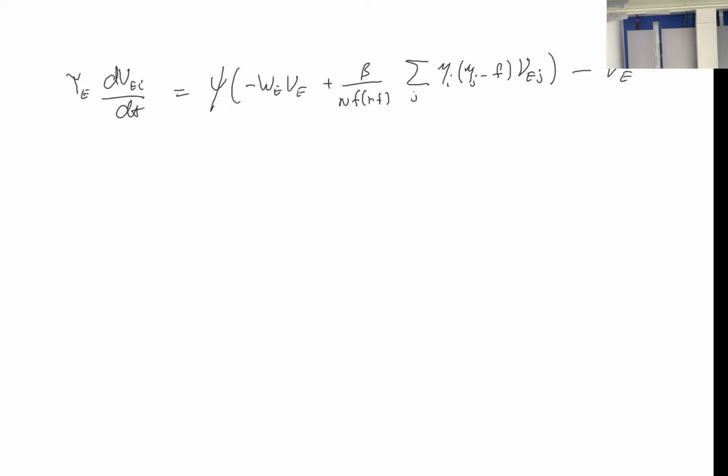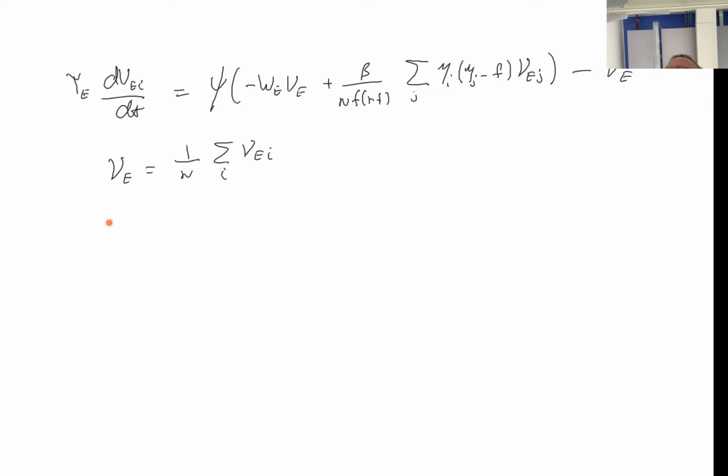There are now actually two relevant quantities here. There's nu E, which is 1 over N, the sum on I of nu EI. And there's this overlap term here, the same overlap we had before, which is the sum on J of eta J minus F nu EJ. So we're going to find the overlap.